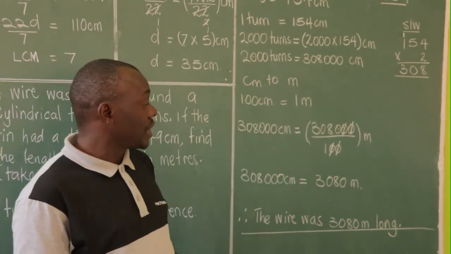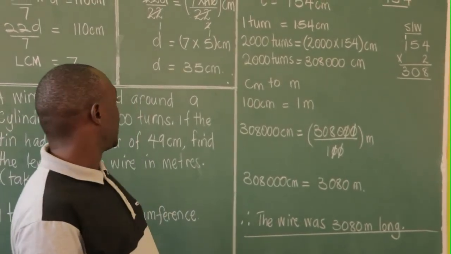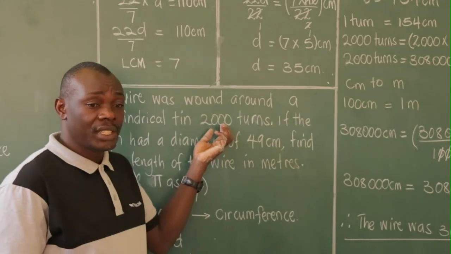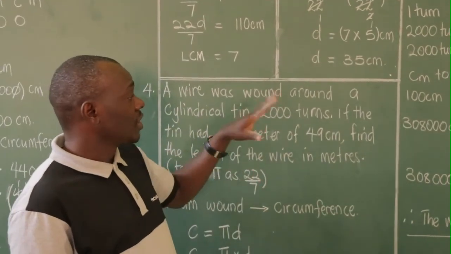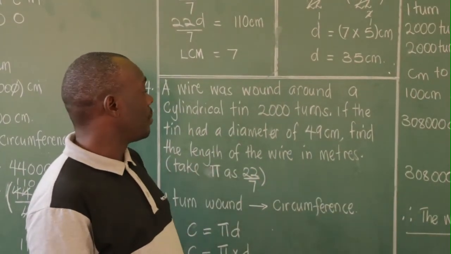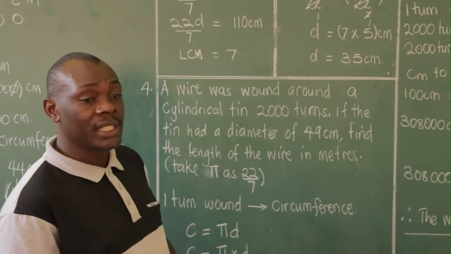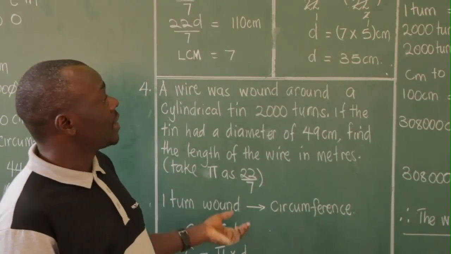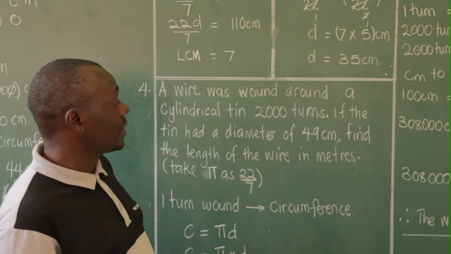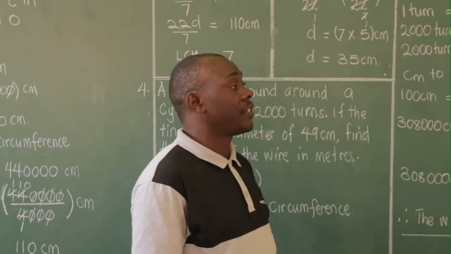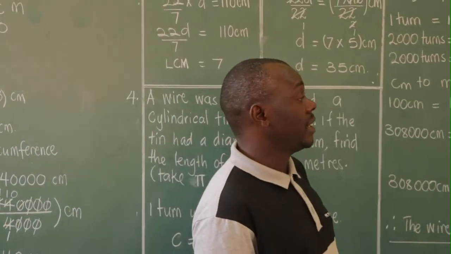So that's how someone can find the length of the wire given the number of times any string, a wire, a rope has been wound around a cylindrical object. But what enables us to find this is knowledge of circumference applied in daily life.